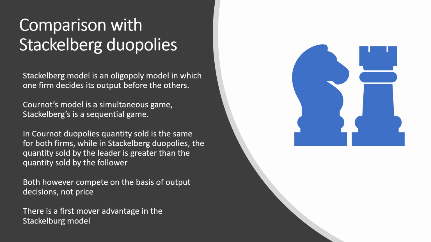So these are output models, not price models, and they're competing on who should produce what amount. Stackelberg is not a simultaneous decision. It's one firm making a decision before the other, whereas in Cournot, they're both making the decision at the same time. But the main similarity is that they're competing on the basis of output, not price.